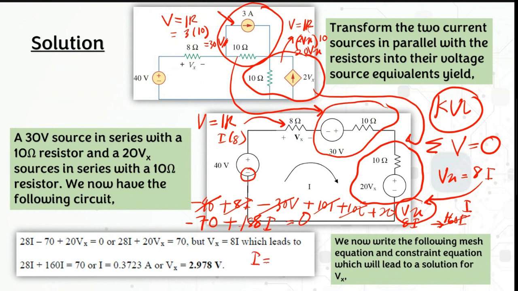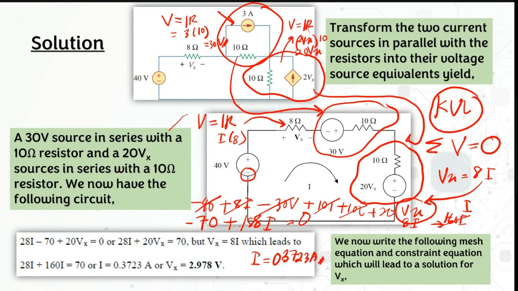So when you calculate, your I is 70 over 188, so your I is equal to 0.3723 ampere.